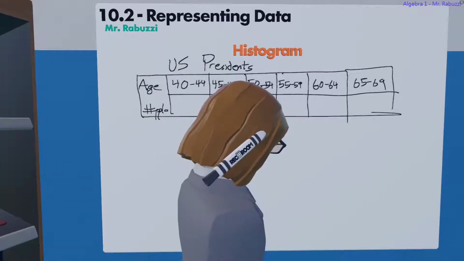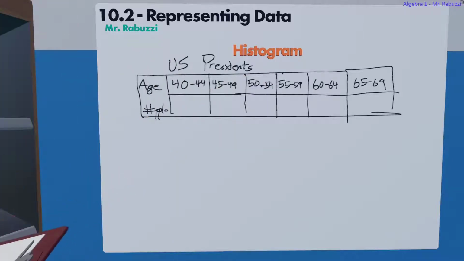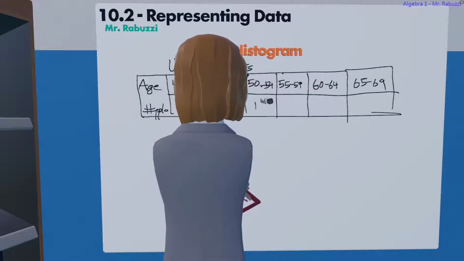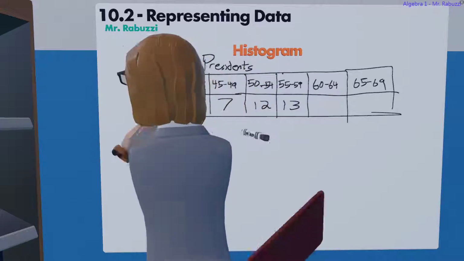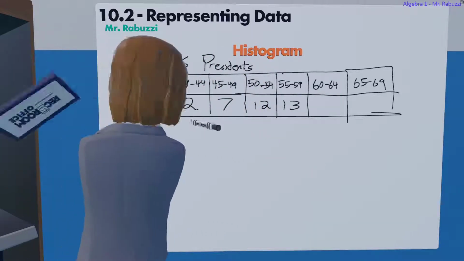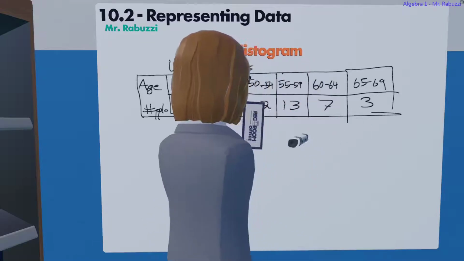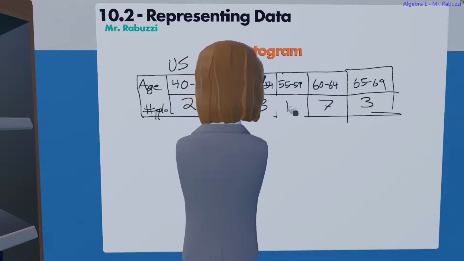Okay, it goes 2, 7, 13, 12, 7, 3. 2, 7, 13. No, that's 13, sorry. Oh, I did it backwards. But this is 7, 3. Let me write that down real quick. Okay, this is supposed to be 12. This is 13. This is 12.